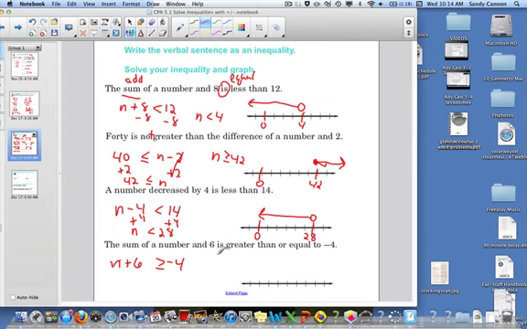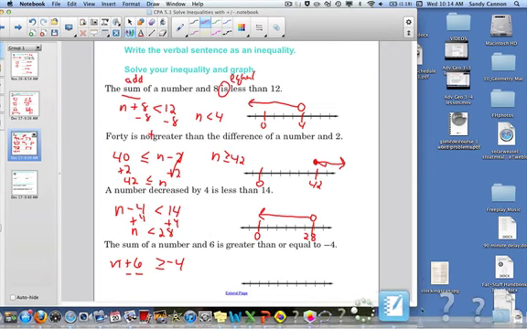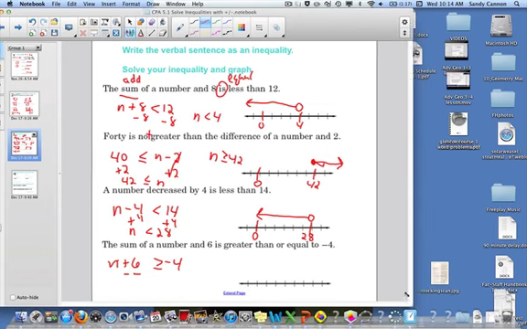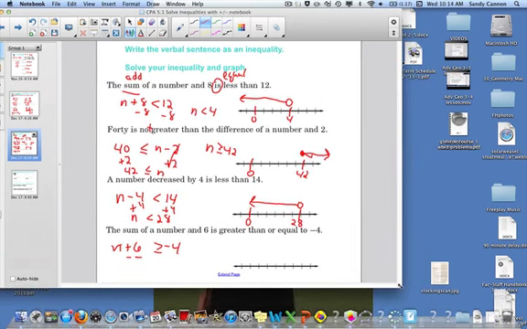The sum of a number and 6 is greater than or equal to negative 4. We wrote the equation. Subtract 6. I'm on the bottom of my page now, so let's do this again. If I pull this back up a little bit, now can I get to the bottom of the page?